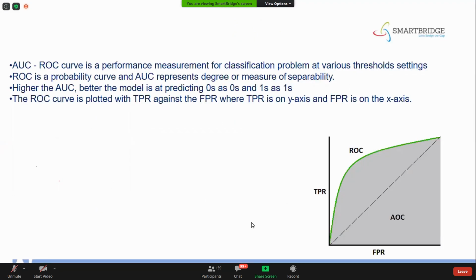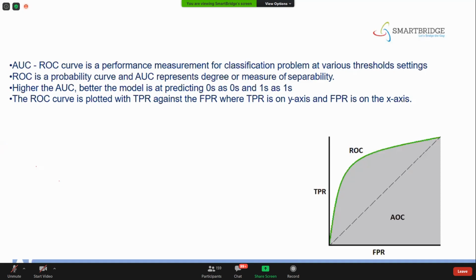After this, you have to get to know about AUC and ROC curve. All right. So in the AUC and ROC curve only, we will have TPR, FPR and all. AUC is considered as area under the curve. In classification problems, AUC and ROC curve are very much important.